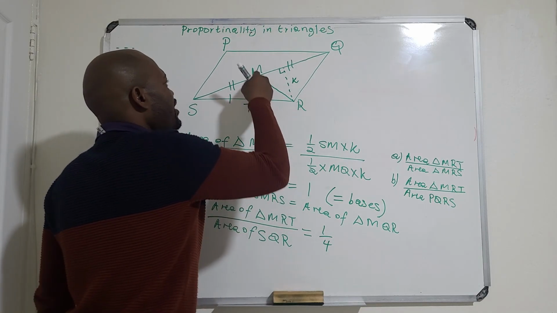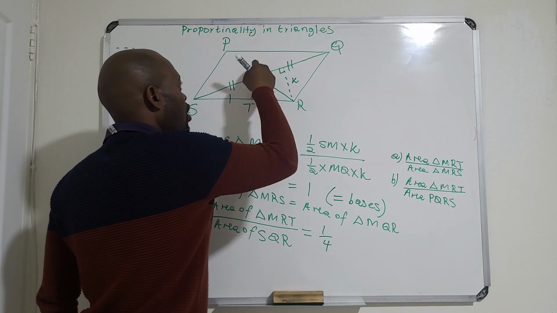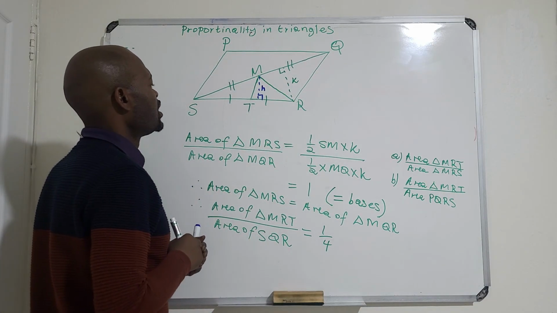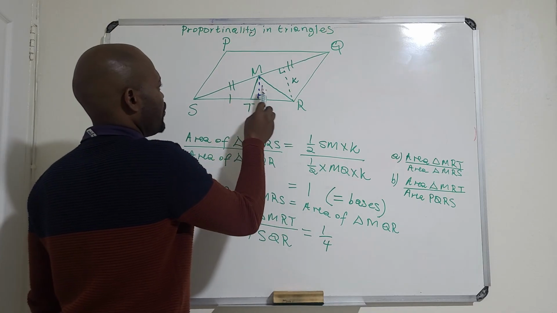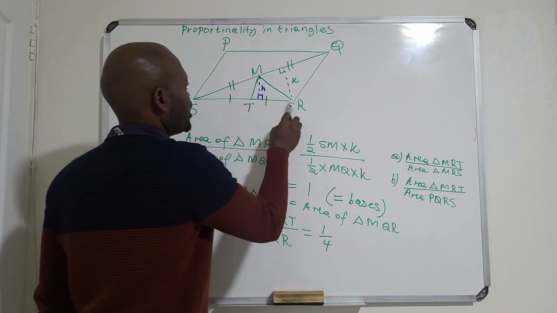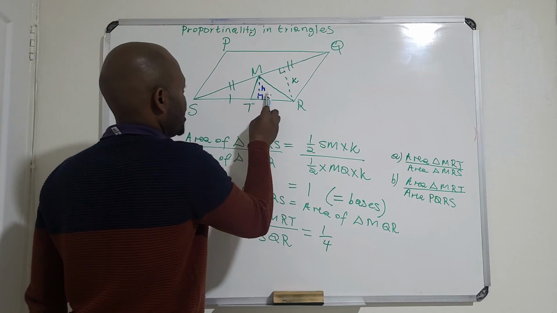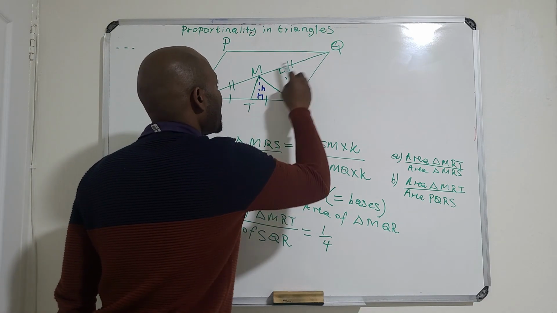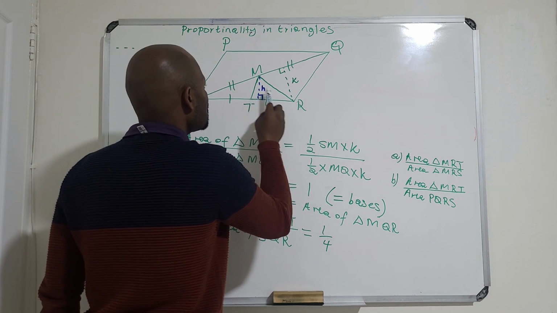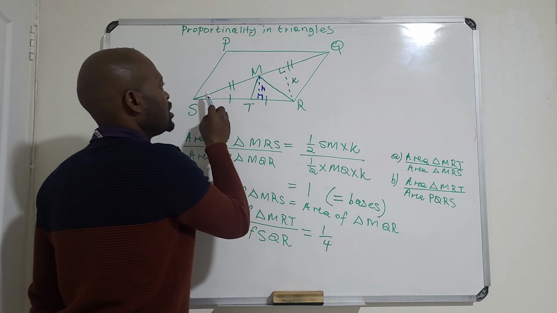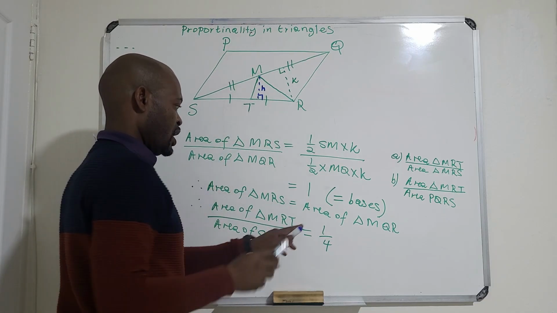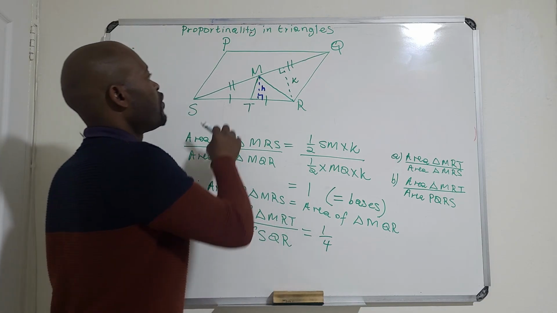Therefore, even the area of this triangle over the area of the triangle is half. Then it means I've got 2 of these triangles here and here, 2 of these triangles in this triangle. So this triangle is 4 times. Therefore, that is why the ratio of this triangle is 1/4.